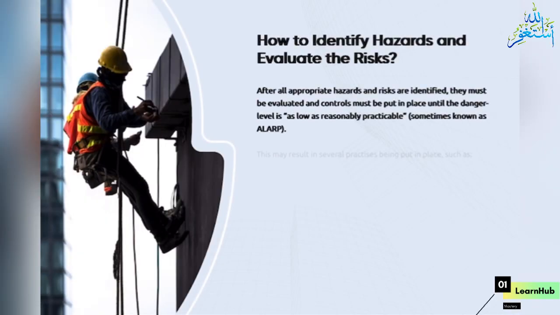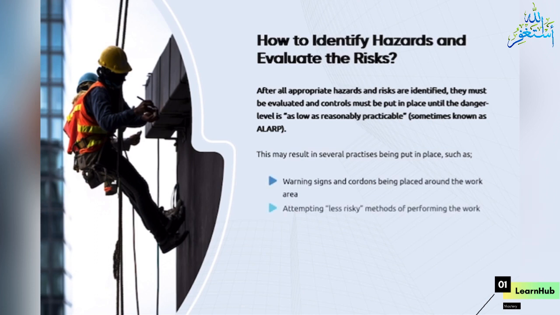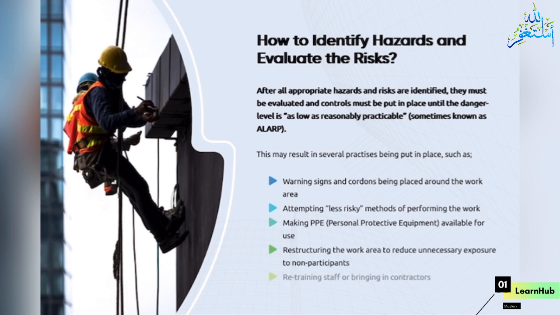After all appropriate hazards and risks are identified, they must be evaluated and controls must be put in place until the danger level is as low as reasonably practicable, sometimes known as ALARP.